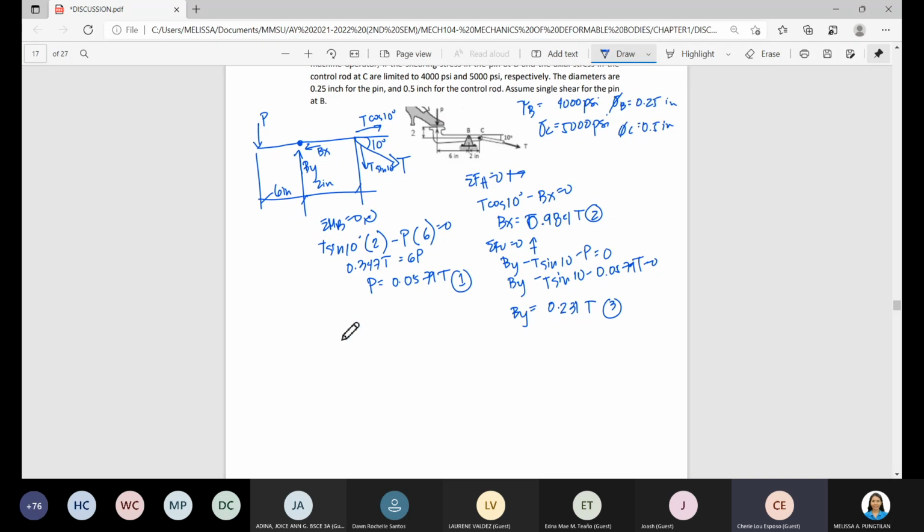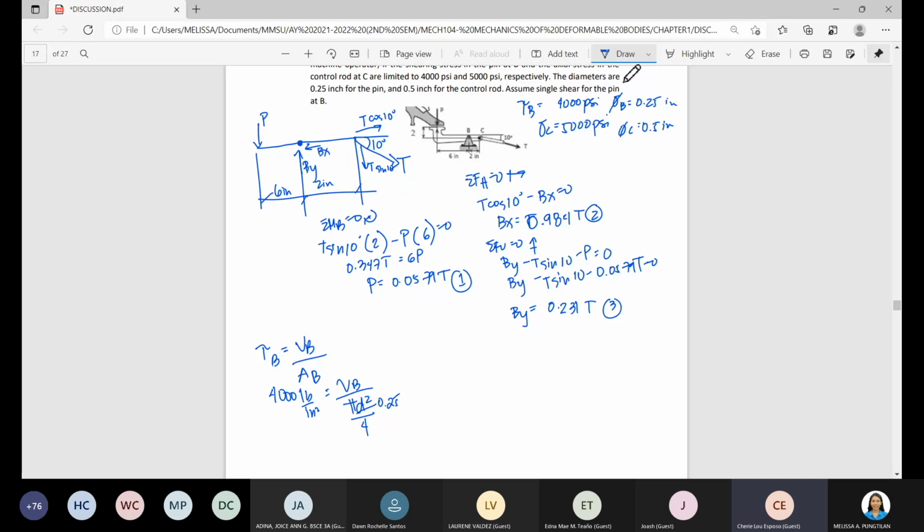So, meron tayong shear at P. So, yung shear natin is equal to VB all over the area, on which yung ating shear daw is 4,000 PSI. Yung ating VB, yan yung unknown. And then yung area natin is pi d squared all over 4, on which yung ating D is 0.25.